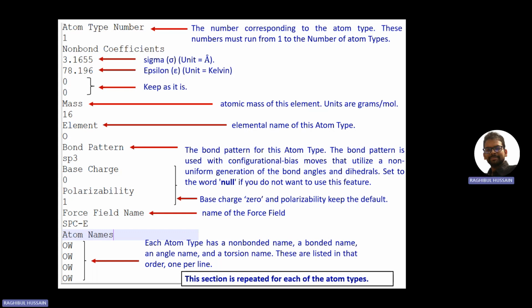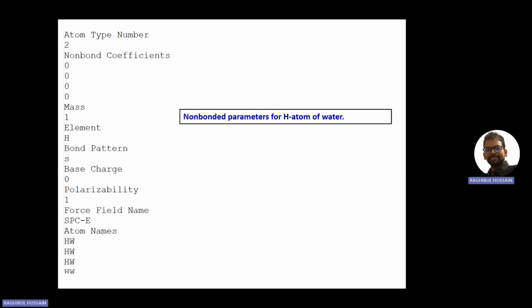Now this has to be repeated for each type of atom. So this is for atom one only, right? Now you repeat this for the hydrogen atom. So you just check your hydrogen atom. Any question from you? So all are compulsory. Whatever we have written, all are compulsory. Now you do the same in the input file. You already have the information. Second is hydrogen. So we have all zeros.